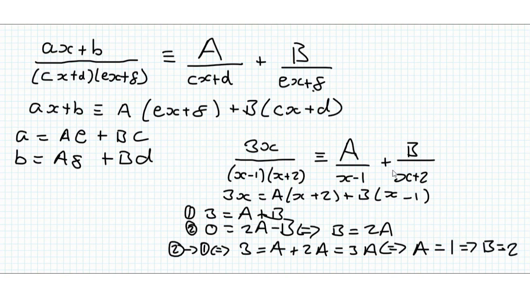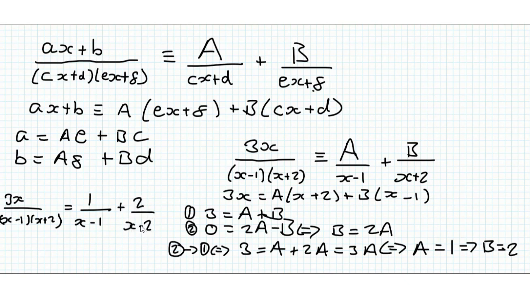So we have our answer, 3x over (x minus 1)(x plus 2) is equal to 1 over x minus 1 plus 2 over x plus 2.